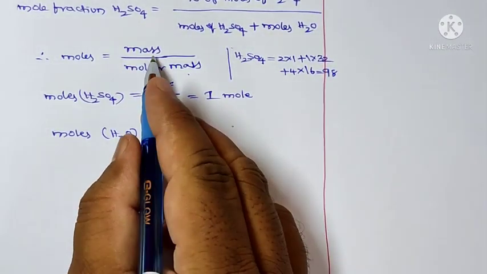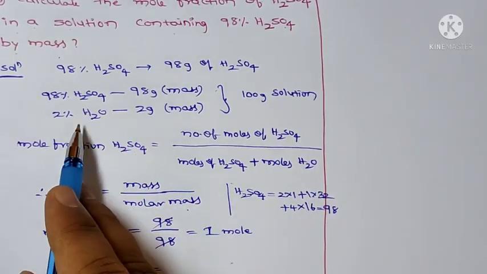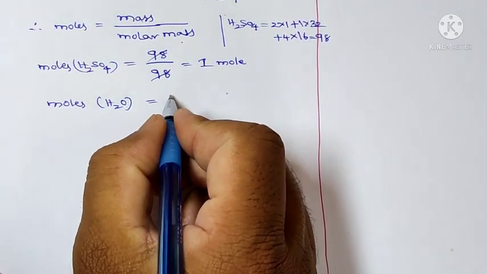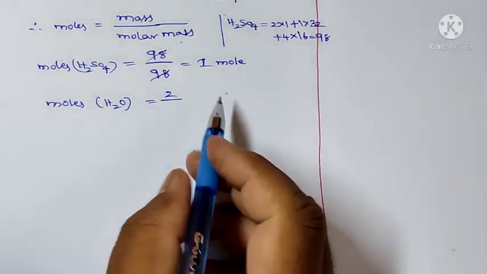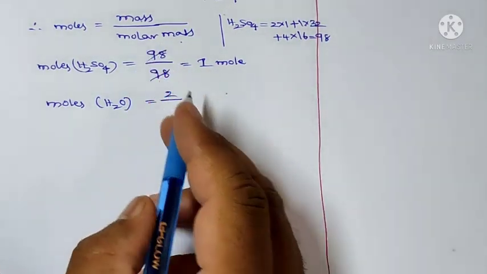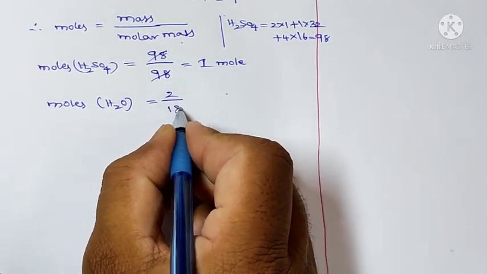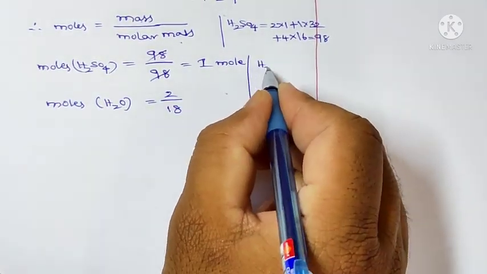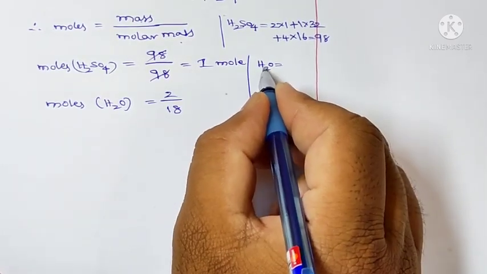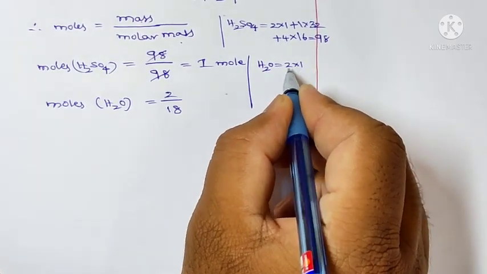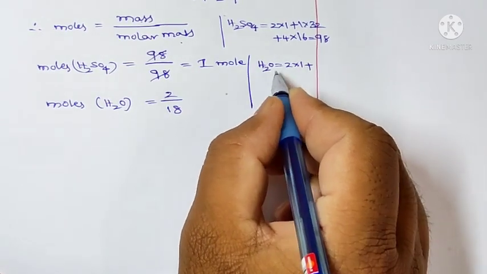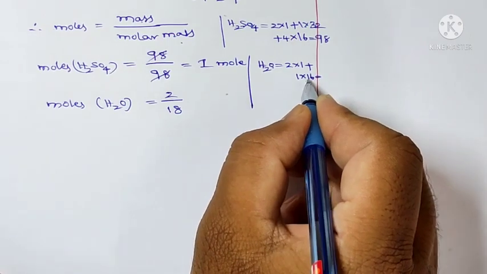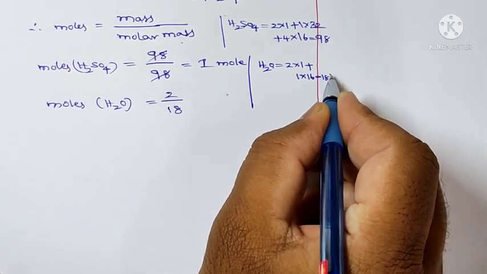And moles of water is equal to the water mass, which is 2 grams, divided by the molar mass of water. The water molar mass is 18 grams per mole, because H2O is equal to 2 hydrogens, 2 into 1, plus 1 oxygen, 1 into oxygen molar mass 16, is equal to 18.